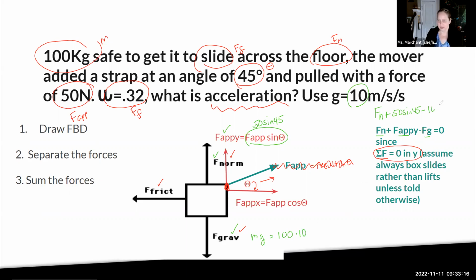So that would be 1,000 equals 0. So going through that, I can then solve and get myself a force of normal. That would be sine 45 times 50. And I am going to be subtracting that from 1,000.